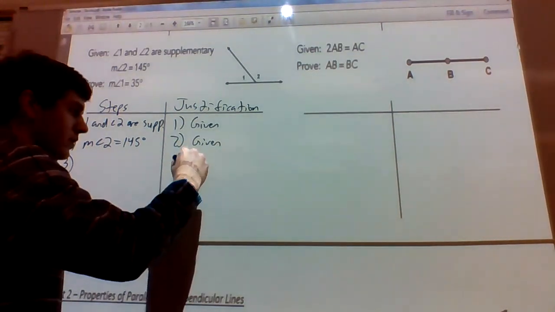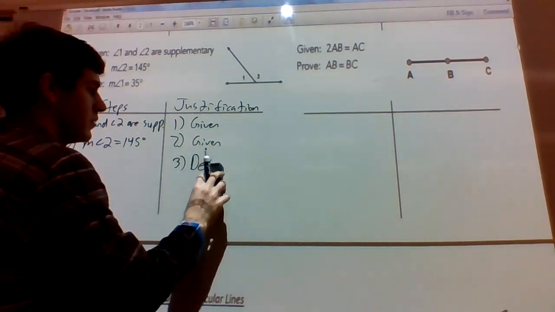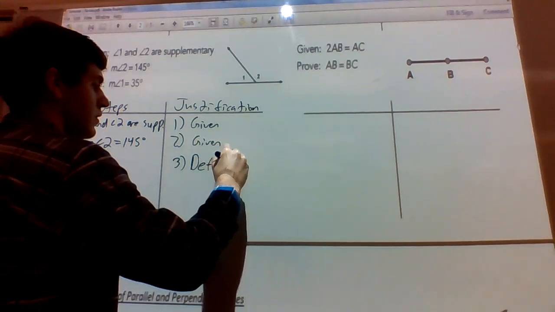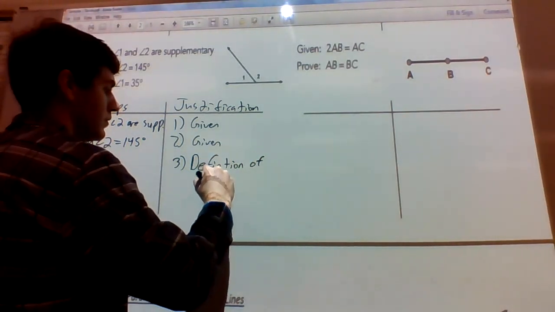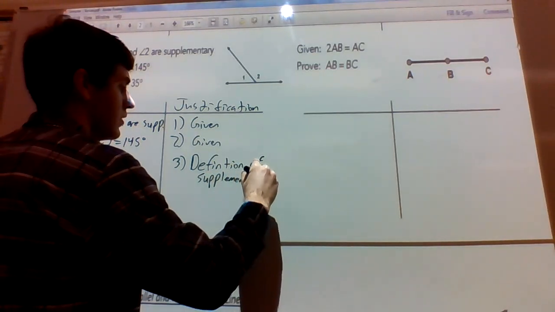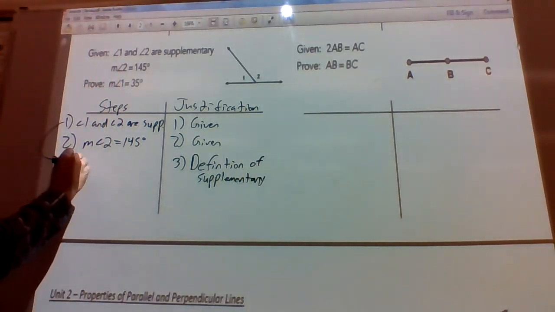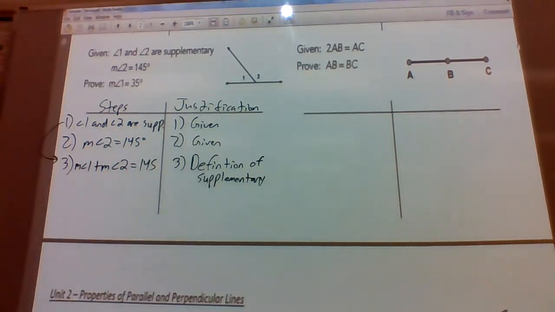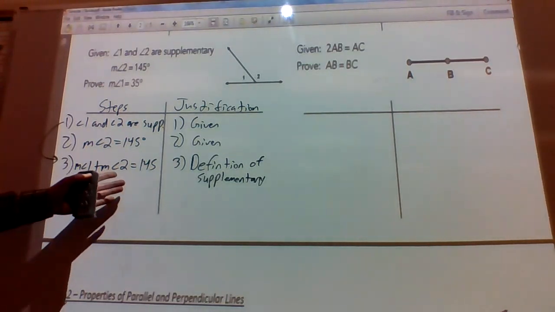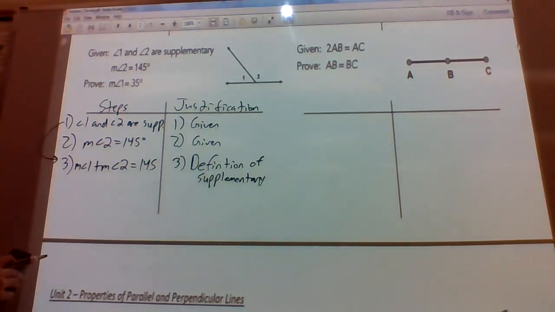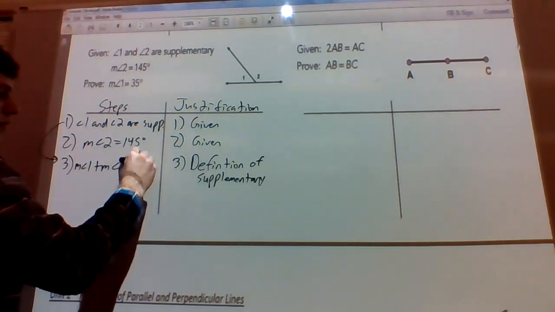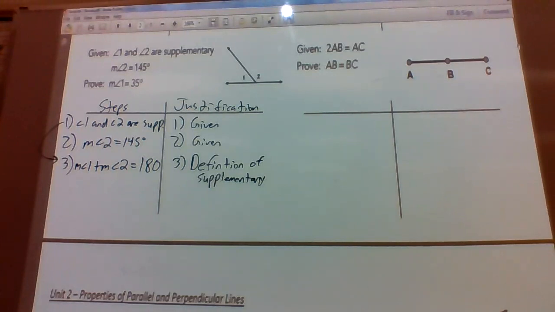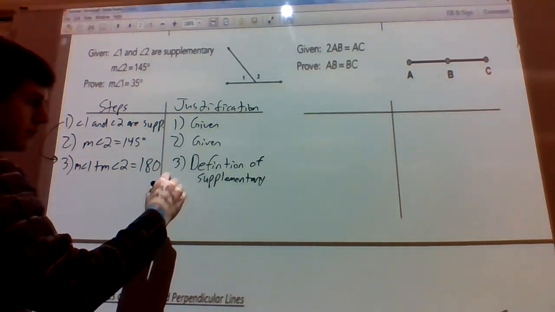So by the definition of supplementary, we know that the measure of angle 1 plus the measure of angle 2 equals 180. And we know the measure of angle 2 is 145 degrees. So we can use substitution.